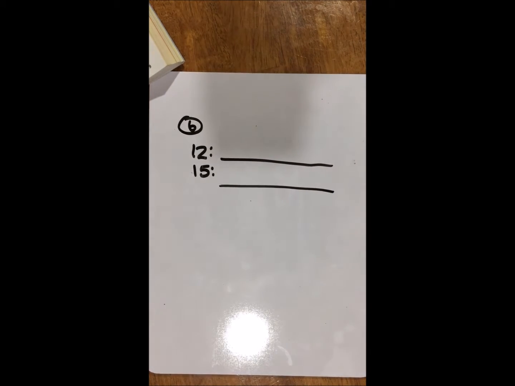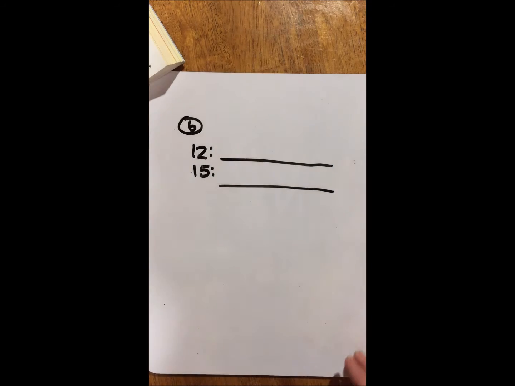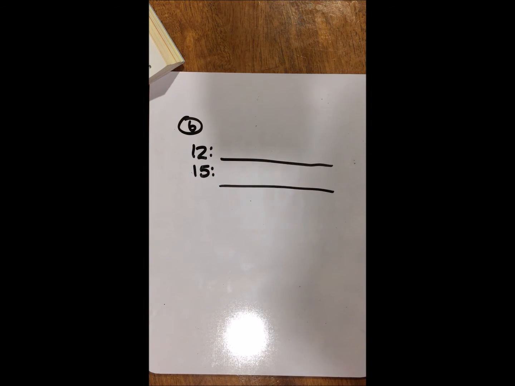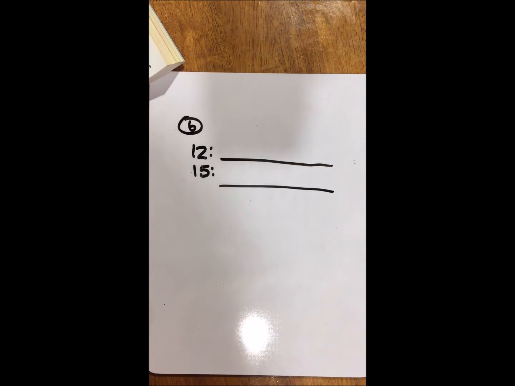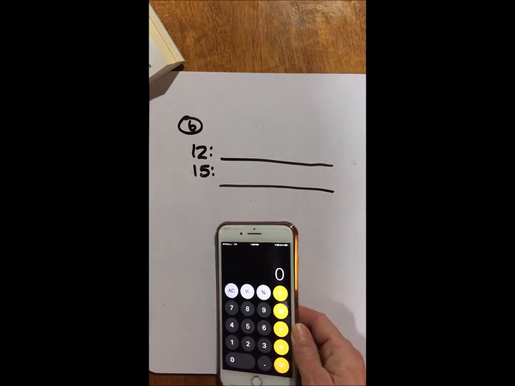Let's see how many I can list. This would actually be something I might want to do prime factorization on. But, oh well, here we go. For the 12s, I'm going to pull up a calculator just because I want to make a point. In case I need it, I'll have a calculator.